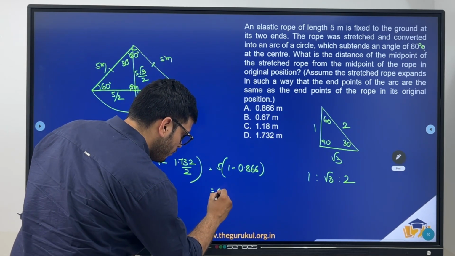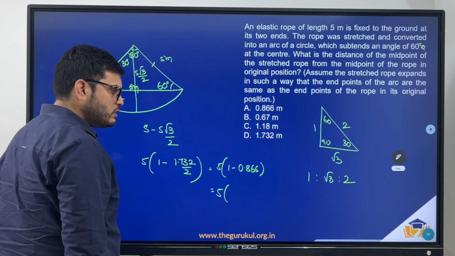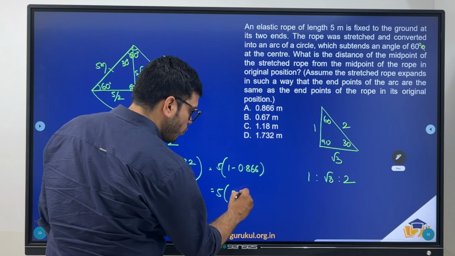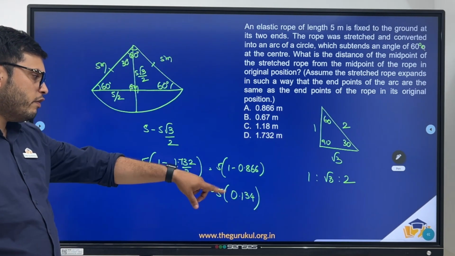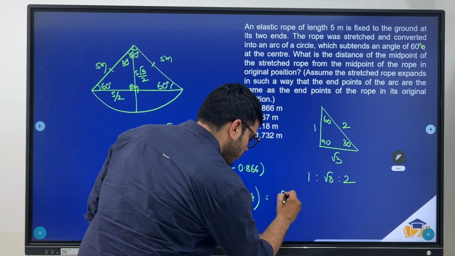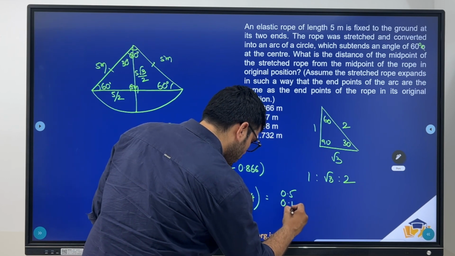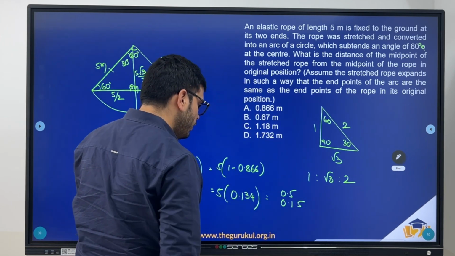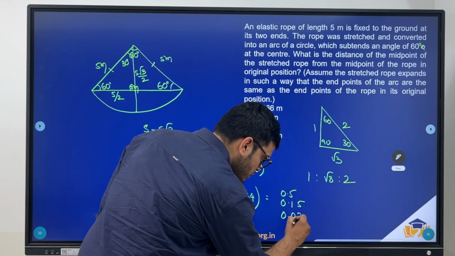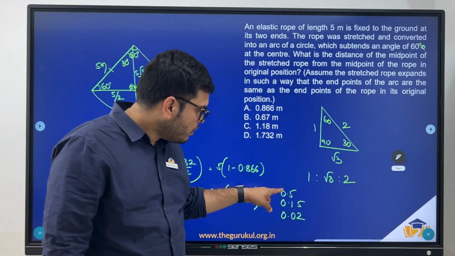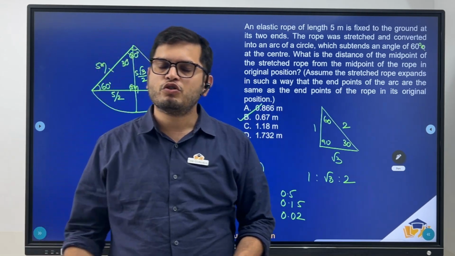So this will be 5 into 0.134, right? Now 5 into 0.1 is 0.5, 5 into 0.03 is 0.15, 5 into 0.004 is 0.02. So that would be 0.67. So hence the answer for this question should be option B.